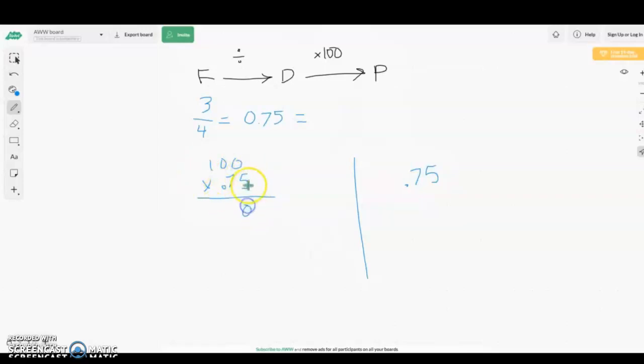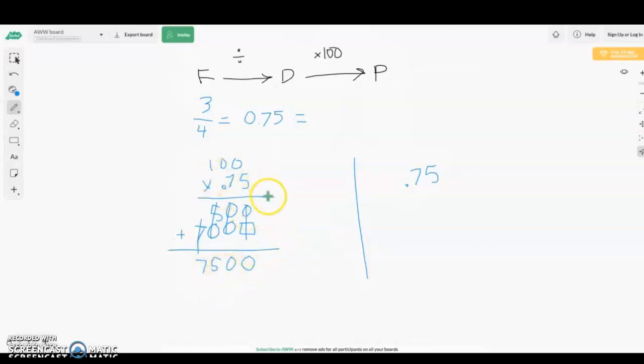5 times 0 is 0, 5 times 0 is 0, 5 times 1 is 5. I have my placeholder. 7 times 0 is 0, 7 times 0 is 0, 7 times 1 is 7. Add up together. 0, 0, 5, 7. But remember, my answer is not going to be 7,500.